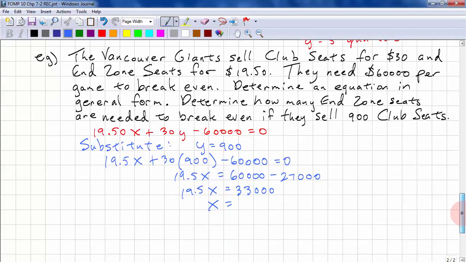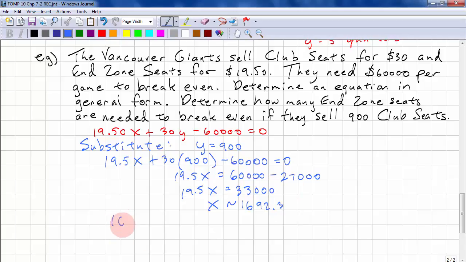x equals, and we're dividing both sides by 19.5, and we get approximately 1692.3. So we want to round up, otherwise we're going to be short.